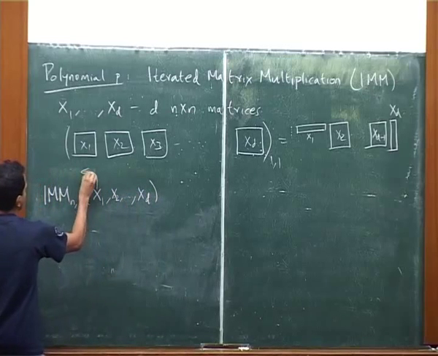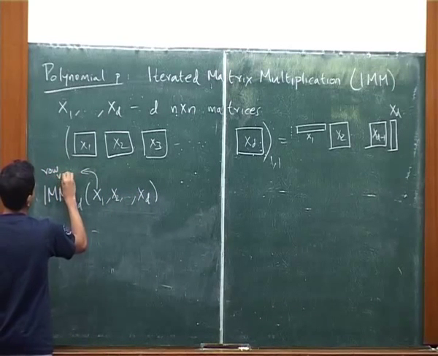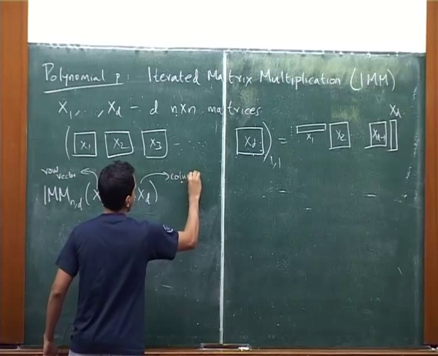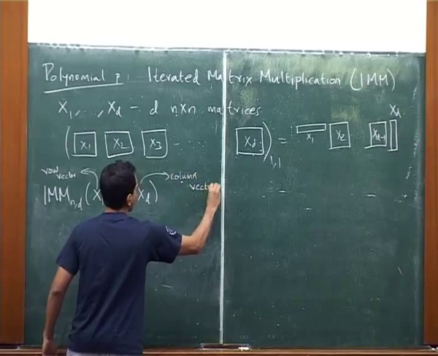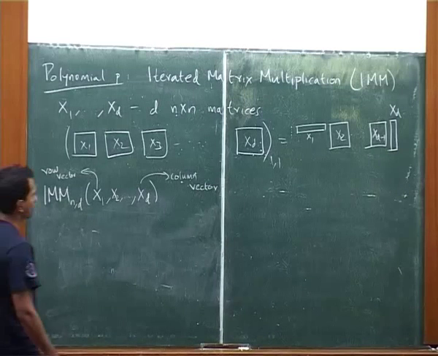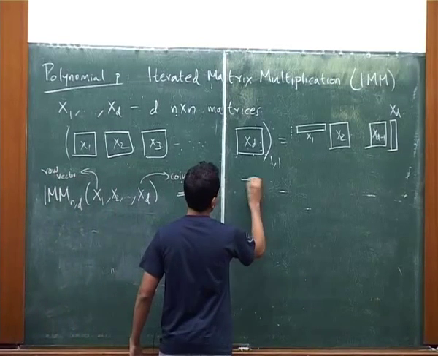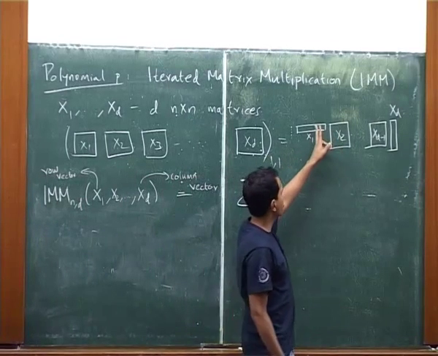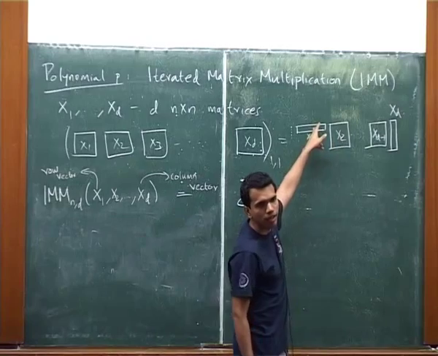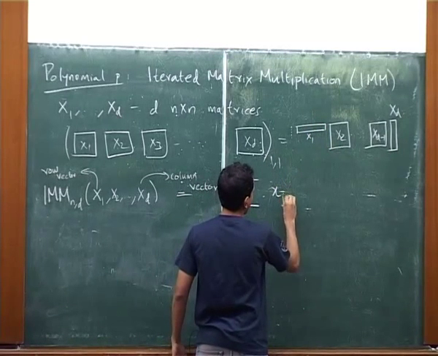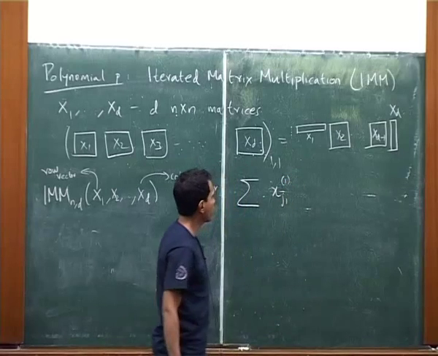Right. So for me again, this is a row vector. This is a column vector. And the other intermediate variables are matrices, fat matrices. Okay, so what is this polynomial? Well, what am I going to do? It is going to be a large sum, right? So if I want to multiply these matrices out, I take some entry in this matrix, let's say the j1th entry in this row vector.